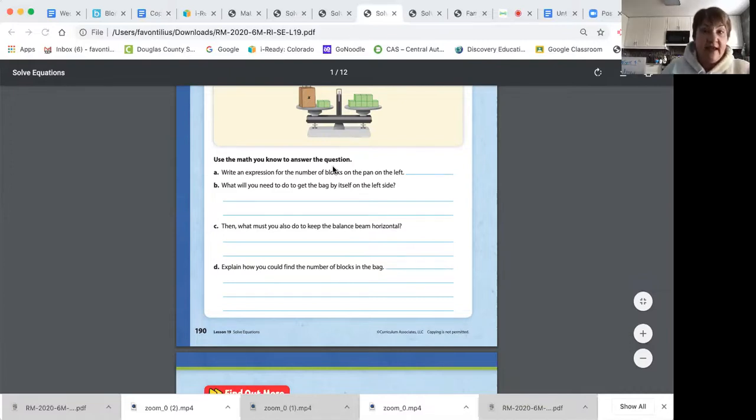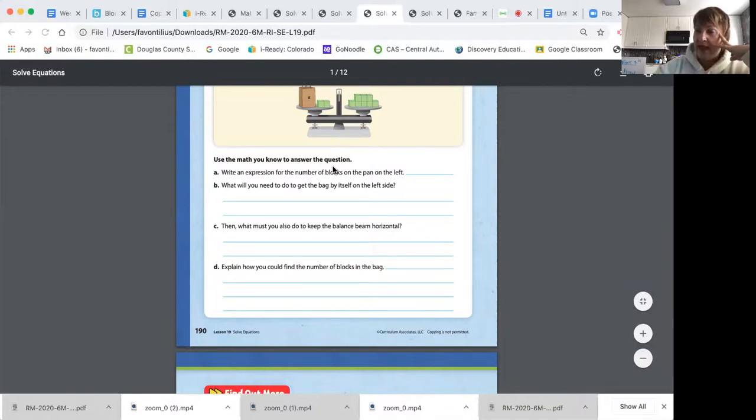So here it is. A, write an expression for the number of blocks on the pan on the left.